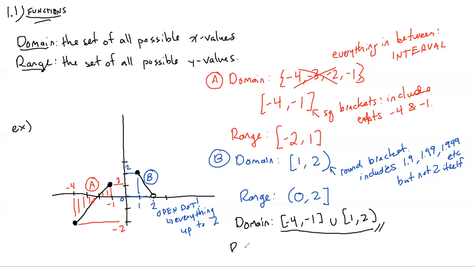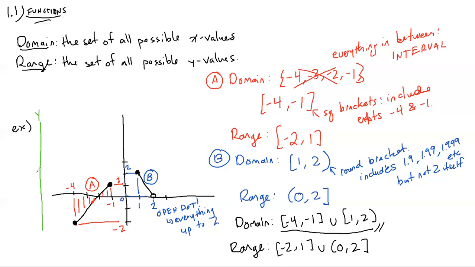And my range. So again, I'm just going to union these two sets, -2, 1 with 0, 2. Now there actually is some overlap here. If I were to draw these out, I'm just going to draw this on the left.